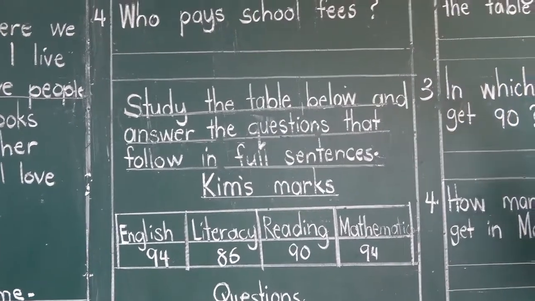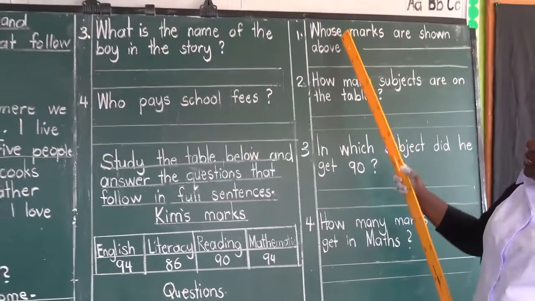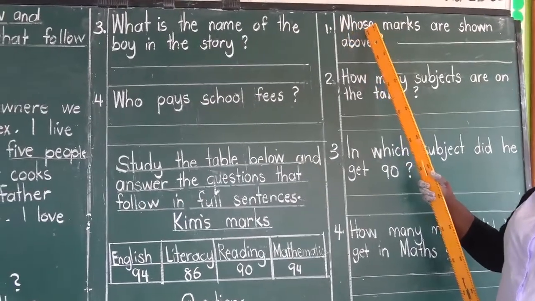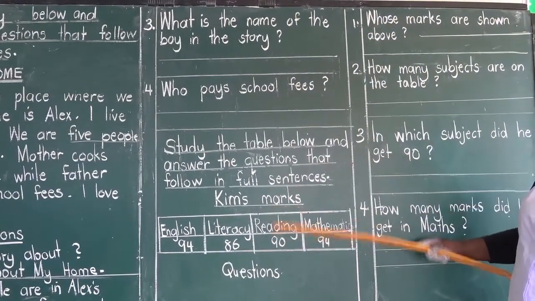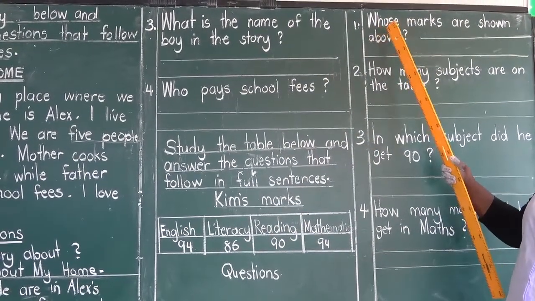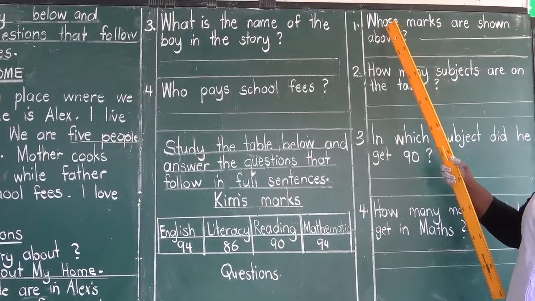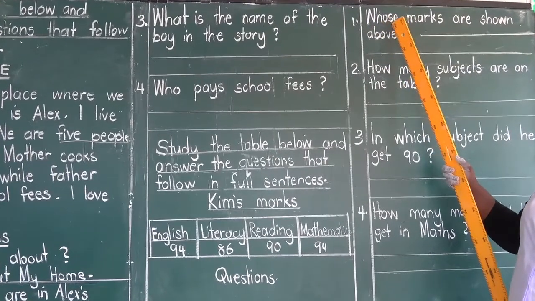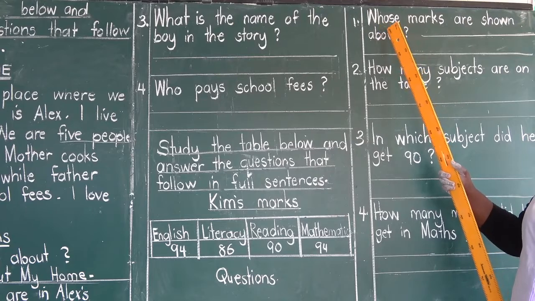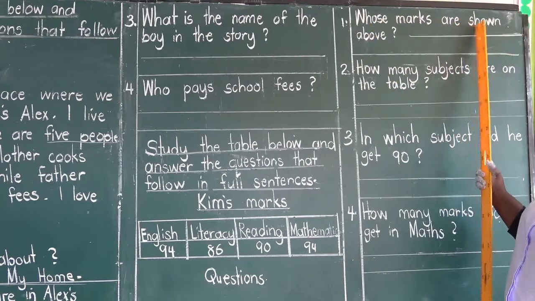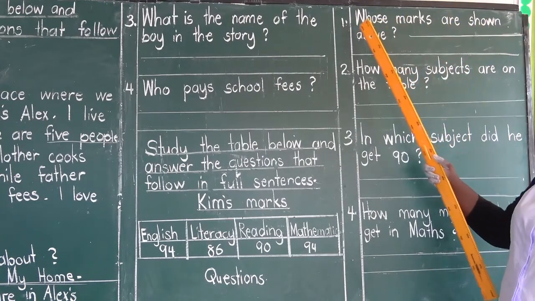Question number 1 says, whose? When they use the word whose, they are asking for the owner. This is the word whose. There is a small word who, and then you add S-E. Whose marks are shown above?